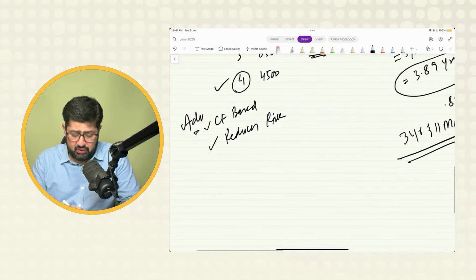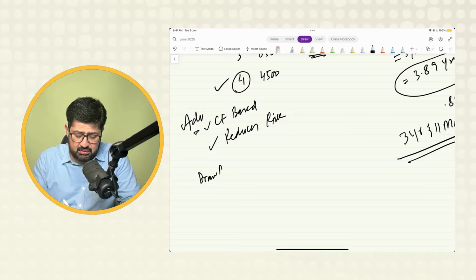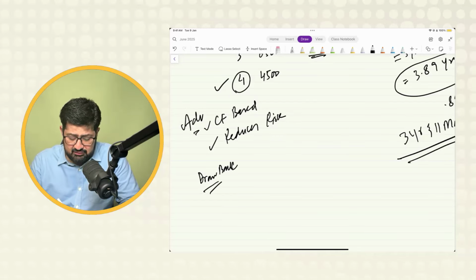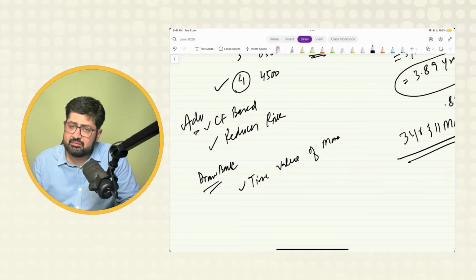But it has some drawbacks as well. First of all, the time value of money is not considered. It is not discounting at all.